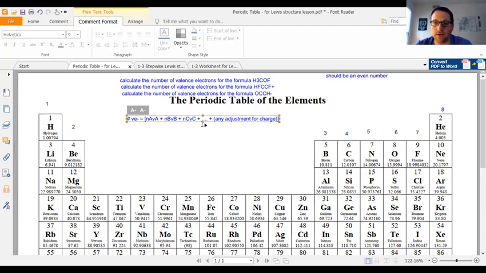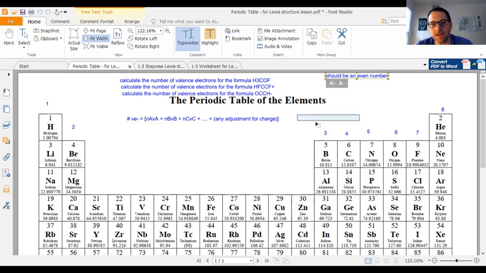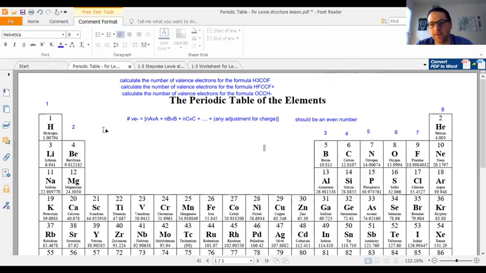If you have 4 atoms, you'll have 4 terms. If you have 2 atoms, you'll have 2 terms, plus any adjustment for charge. This outcome should be an even number, not odd.